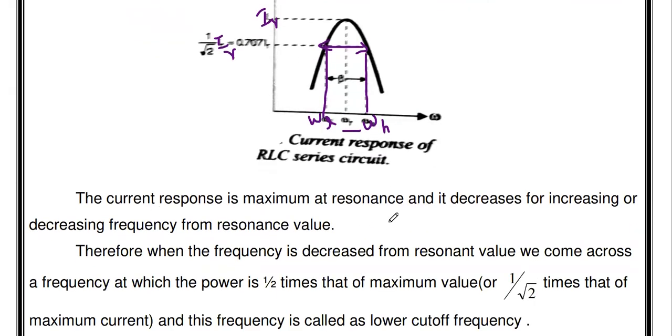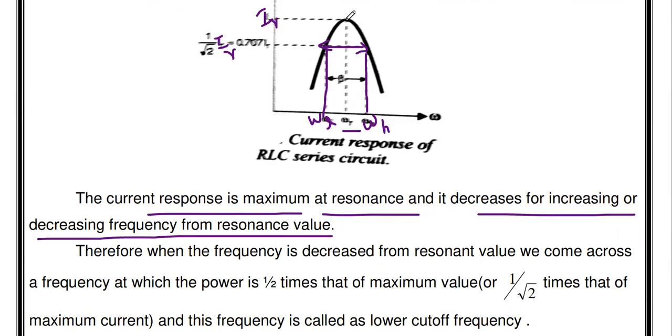You already know the current response is maximum at the resonance condition, and it decreases for increasing or decreasing frequency from the resonance value. When we lower the frequency or increase the frequency, the current value decreases.